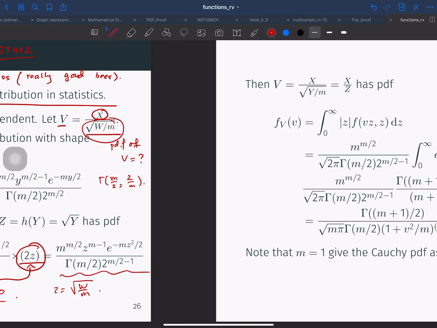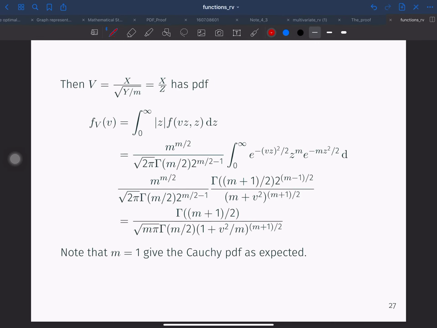So the only thing left is V, which is X divided by Z, and I have the PDF which I showed you earlier. The only thing I have to worry about is that Z, the square root of W divided by m, belongs to 0 to infinity, so the limits of integration go from 0 to infinity.